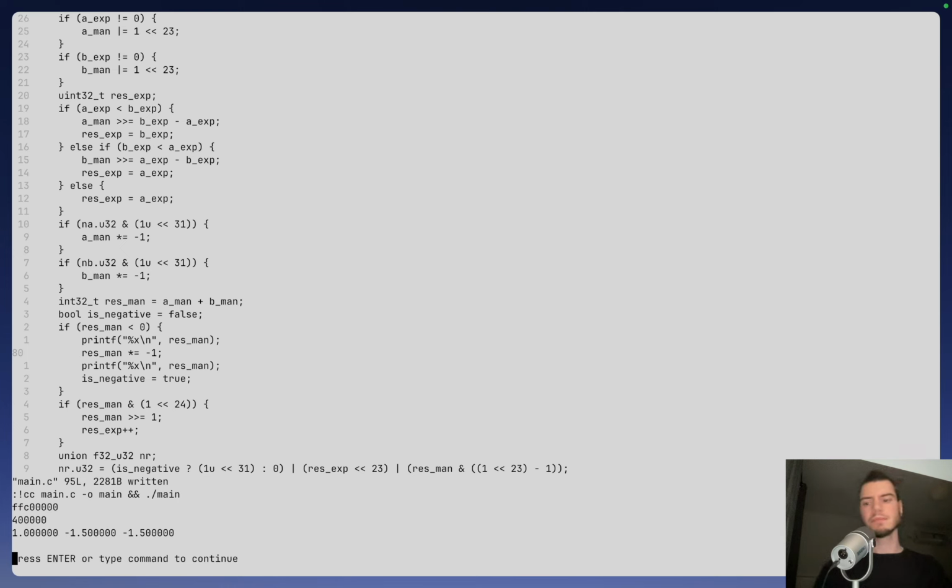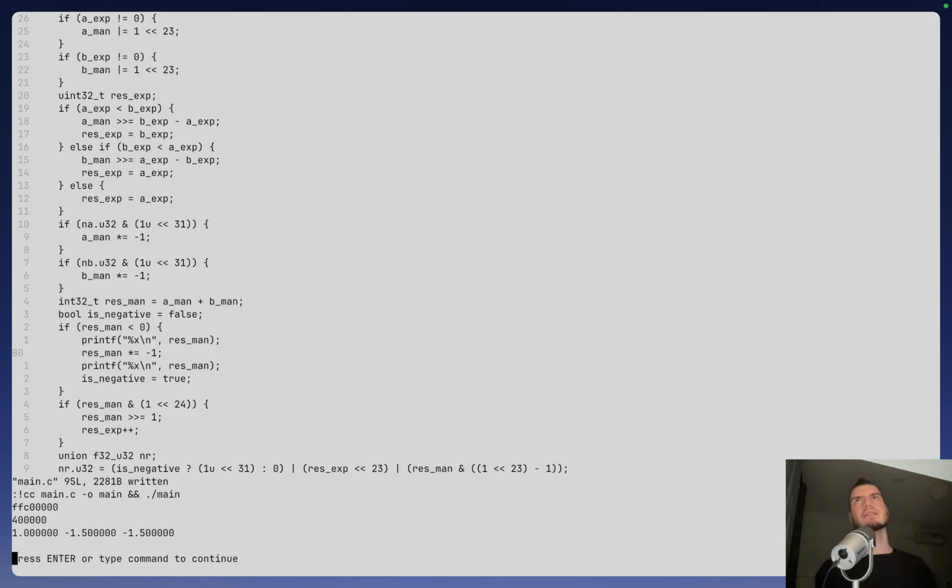And this is what we see. We see 4 followed by 5 zeros. Each 0 is 4 bits. So we get 20 zeros and then 2 zeros. The 4 is 0, 1, 0, 0. So 22 zeros and then 1.